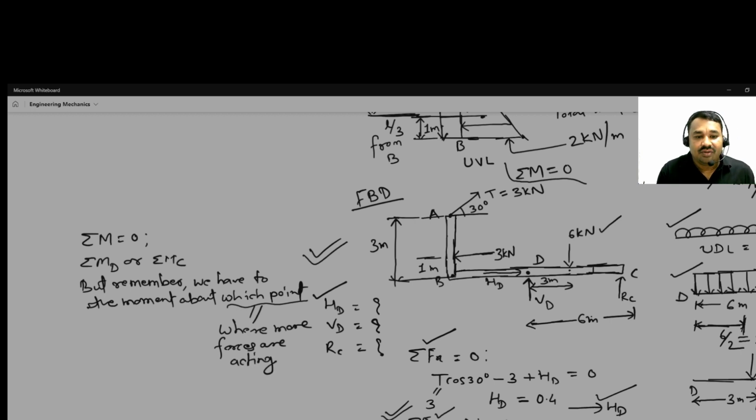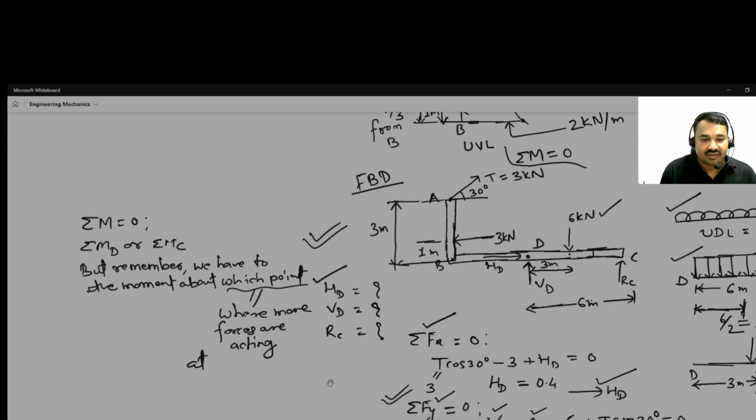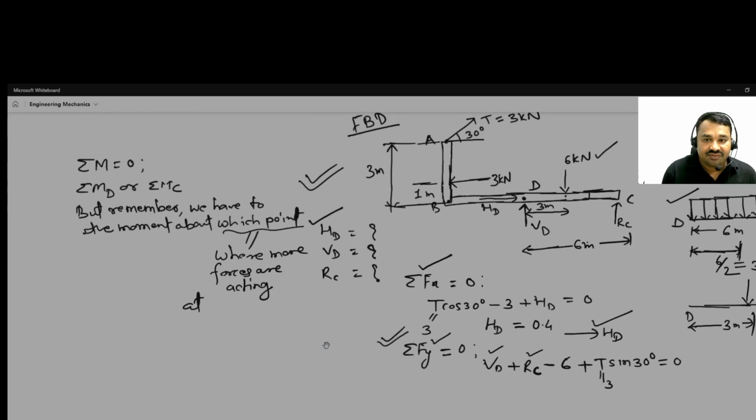Okay, because there will be no distance from that perpendicular distance working at, suppose, D. So at D, how many forces are acting?